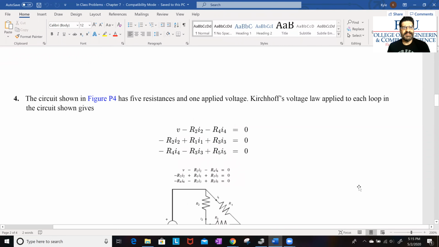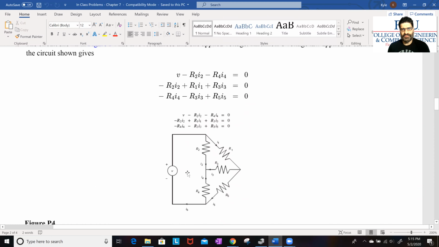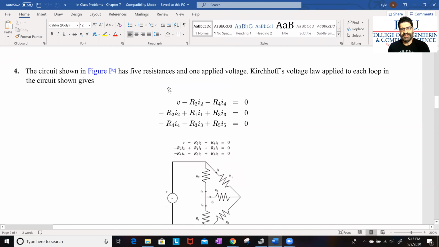So you'll see that the circuit has actually 3 individual circuits. And if you apply Kirchhoff's voltage law in each loop, you will get these 3 equations, right?